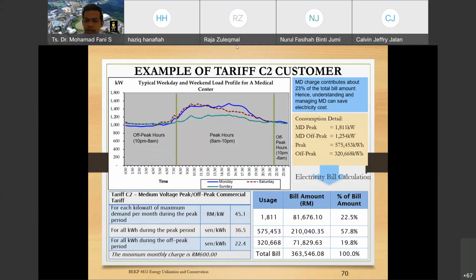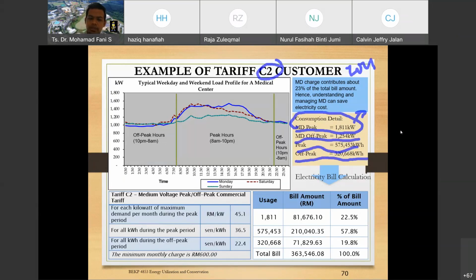The maximum demand, the MD peak, this is the value. So MD of peak power consumption and off-peak power consumption. For a C2 consumer, which is TOU, they use two different rates for peak and off peak.